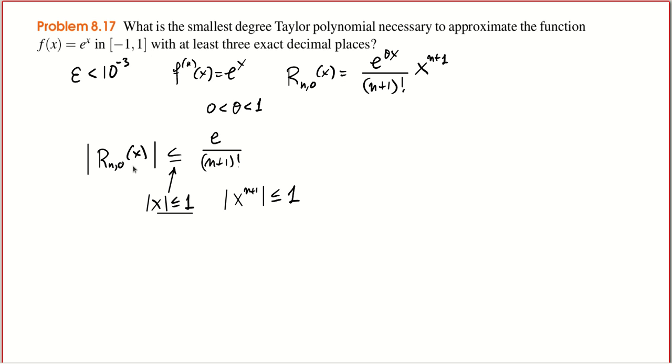What we need now is that this is smaller than 10 to the -3. We have to substitute values of n so that this number is smaller than 10 to the -3.